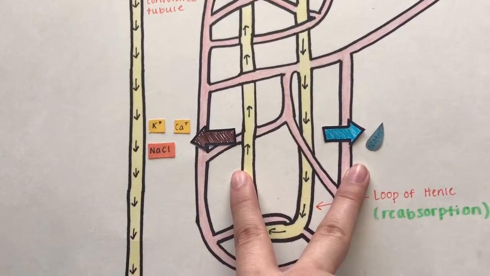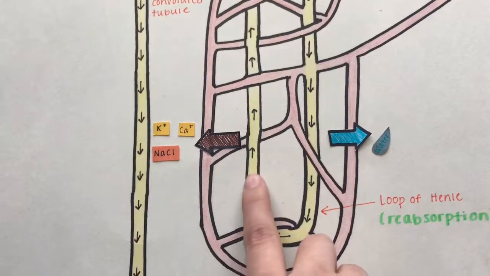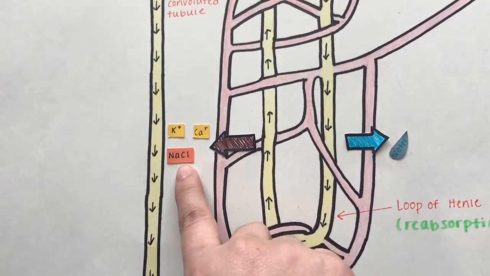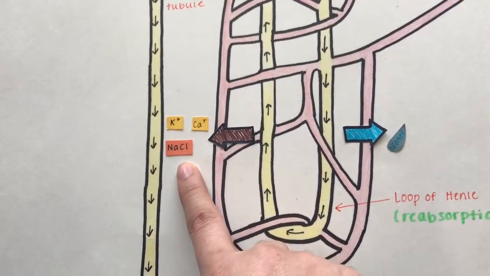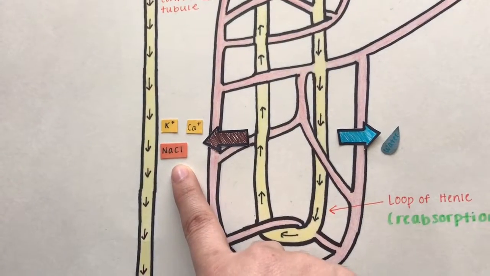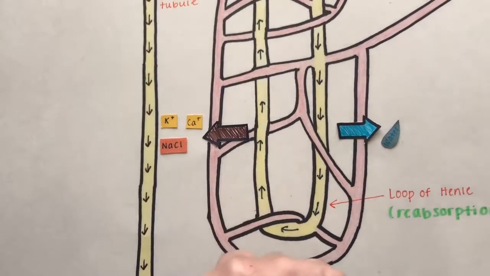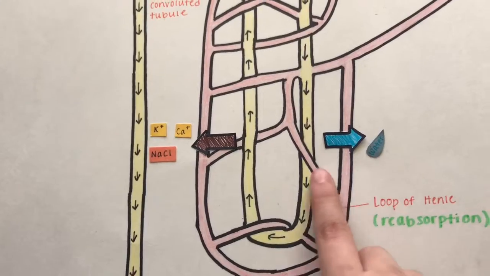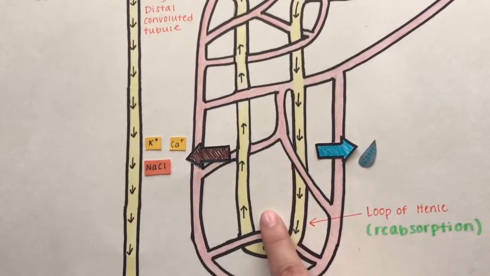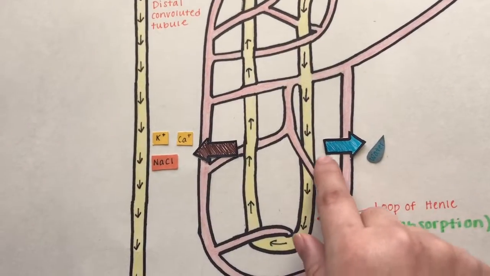So in the ascending loop of Henle, again, potassium, calcium, and sodium ions are reabsorbed here by active transport. Okay, so if we go back to the descending loop of Henle, there are some things outside of it, such as the interstitium.